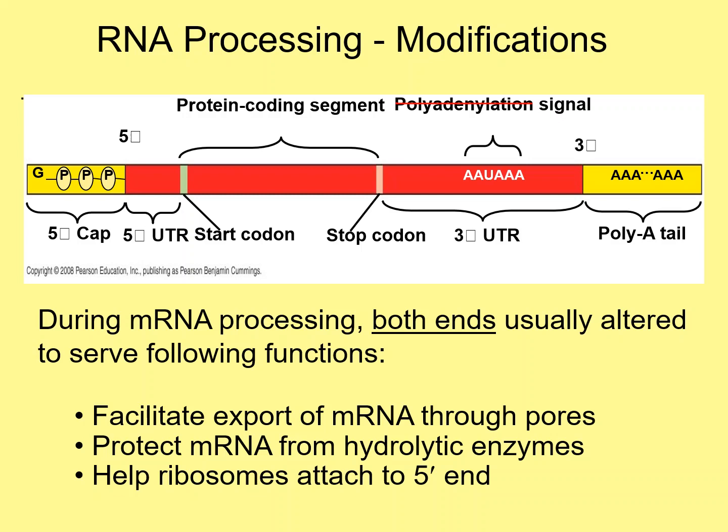And remember hydrolysis: if you're hydrolyzing a bond, you're breaking the bond using water. Hydrolytic enzymes are enzymes that break bonds using water. These include things like nucleases, whose job it is to break down nucleic acid into nucleotides.